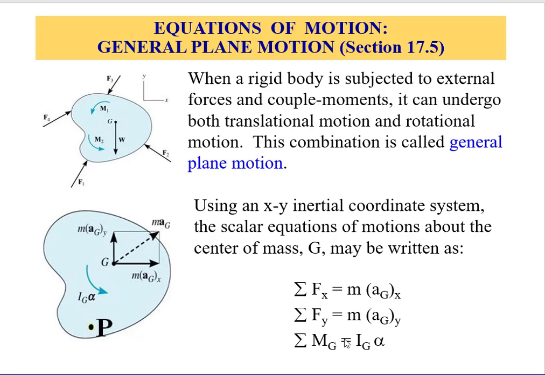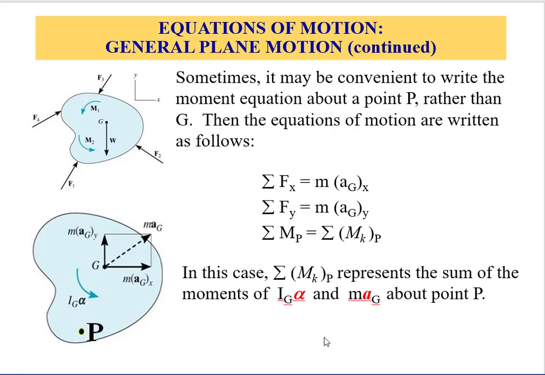Now, possibly you could choose a different point than G, let's say a P, for simplicity or for elimination of some of the unknowns. You could use a different point, as we will see in some examples today.